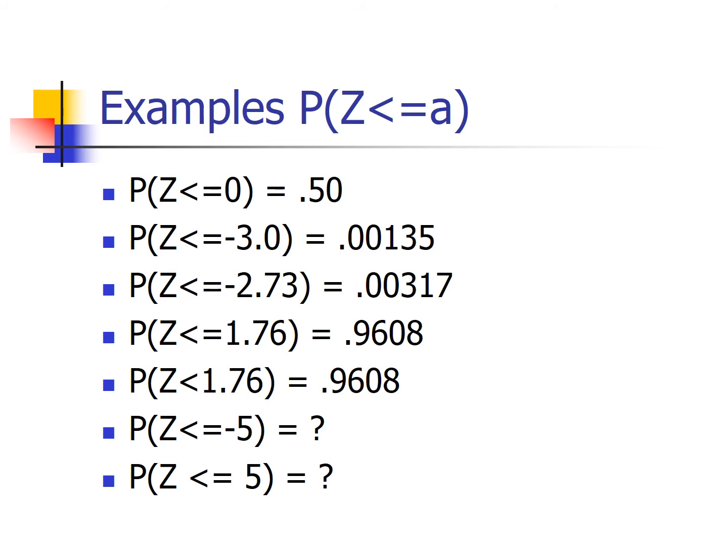Now, the last two bullet points are some nice conceptual checks for us. What's the probability that z is less than or equal to -5? No big deal. I'm just going to pull out my negative table because that's a negative number. I'm just going to go down to -5.0 and, oh dear, there is no -5.0 on the table. Oh my. We just broke the table, didn't we?